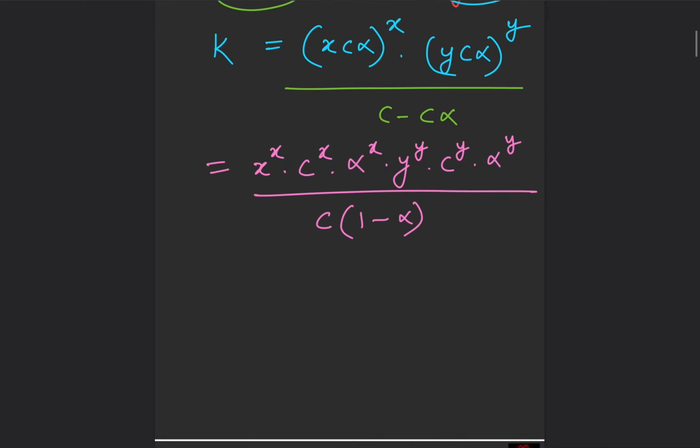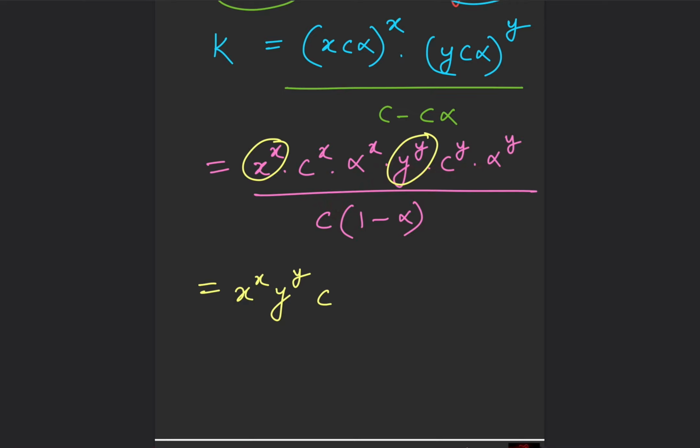Okay. Now we can club these terms together. So I can write x^x as x^x itself, y^y as y^y itself. Okay, observe, look at C. C has powers x, y, and also 1 in the denominator. So it is going to be x plus y minus 1 because it's in the denominator.